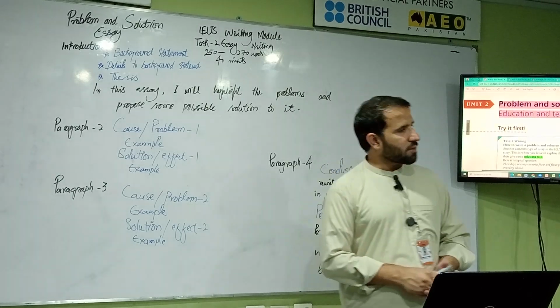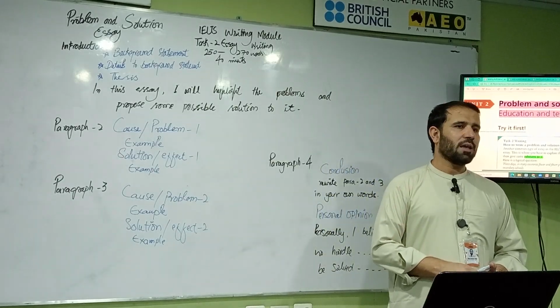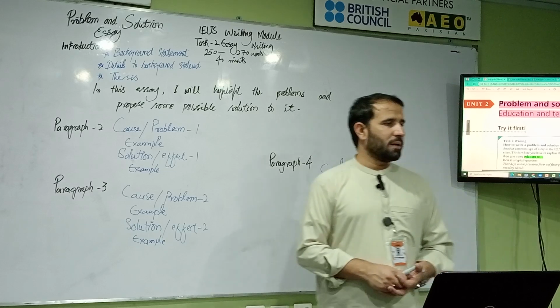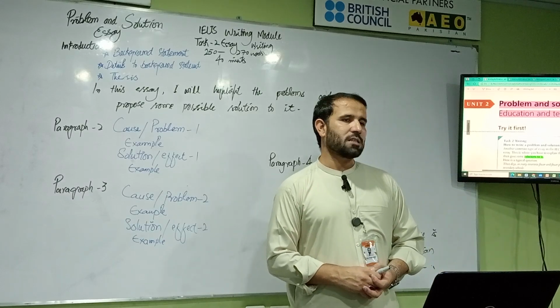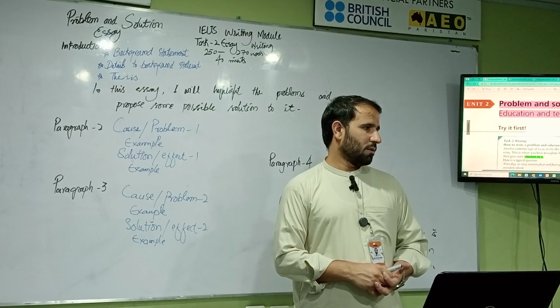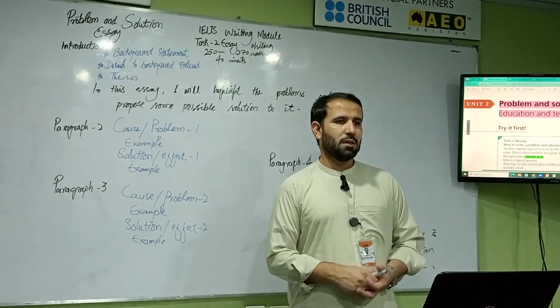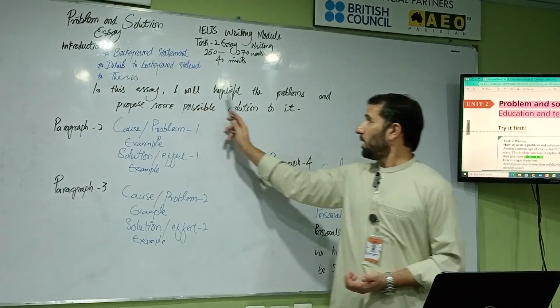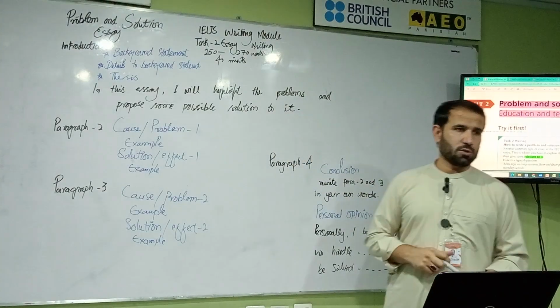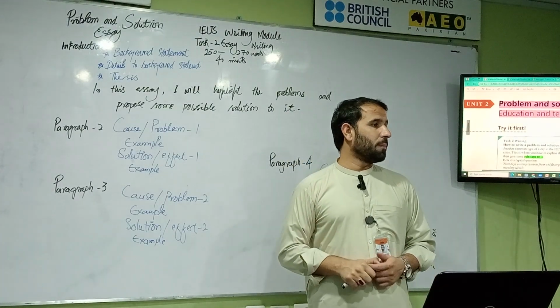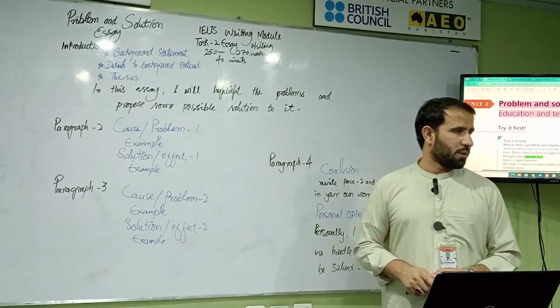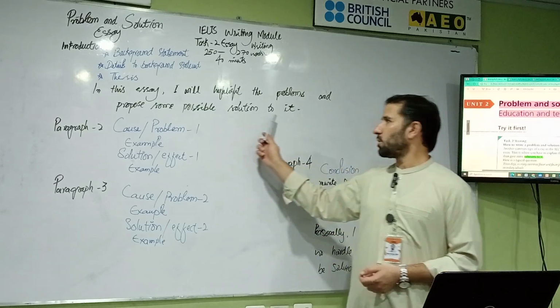It has a lot of facilities such as Wi-Fi and on-time availability. Along with that, it has some drawbacks as well, such as rush hours. In this essay, I will highlight the problems regarding rapid bus transit of Peshawar and propose some possible solution to it.